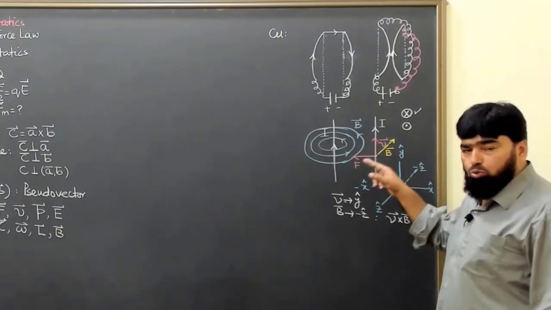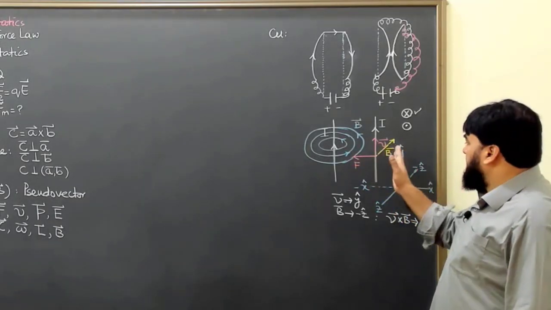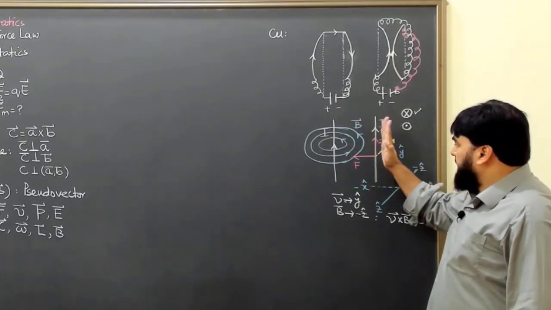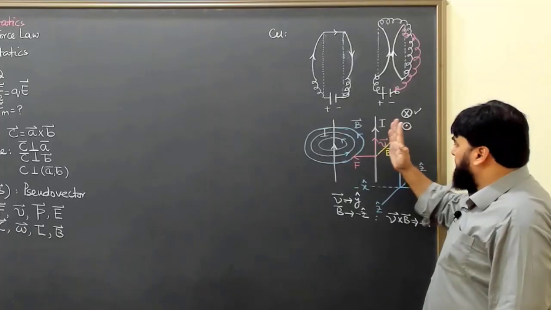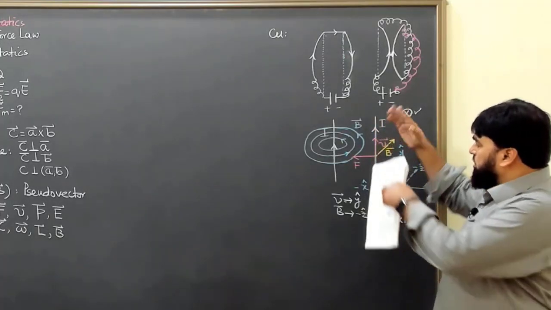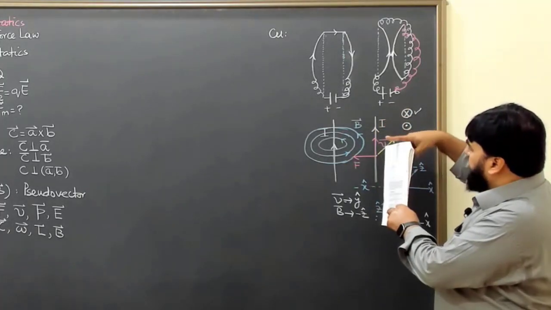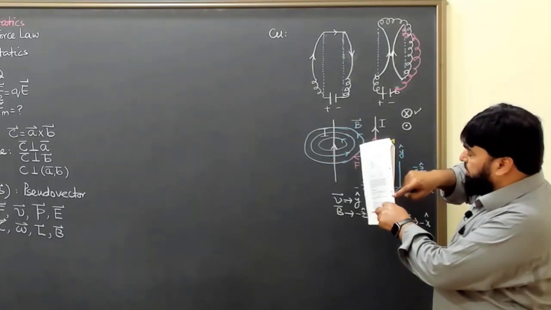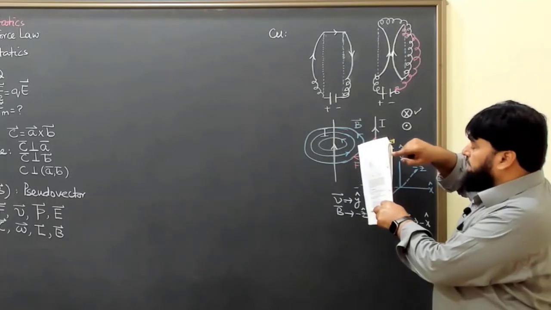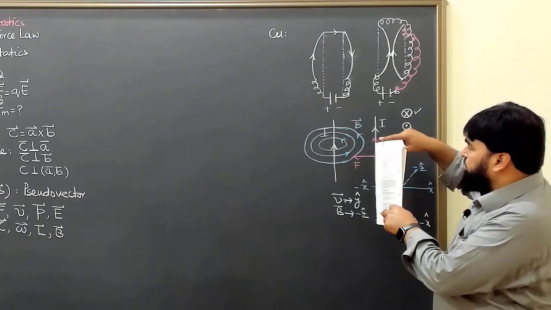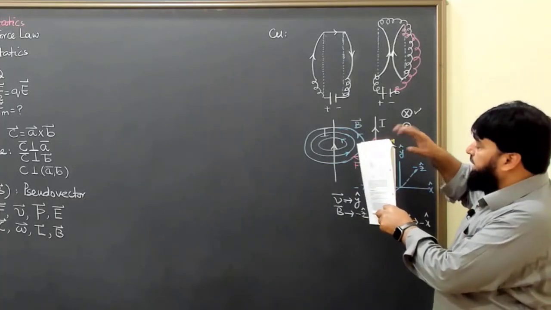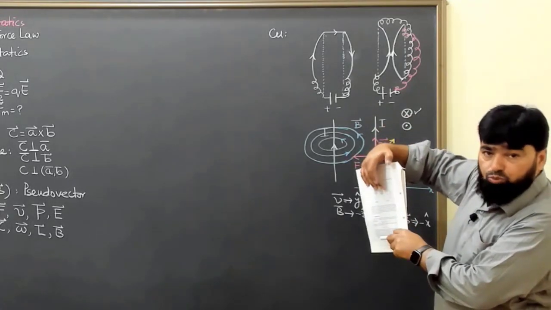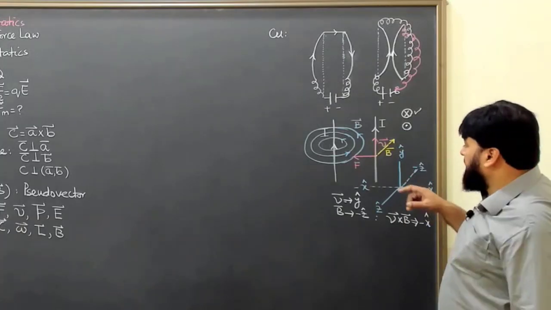We have the force direction, and this F is perpendicular to the plane, like the page here. So F is not only perpendicular to V, F is also perpendicular to B, and F is perpendicular to the plane which contains V and B.